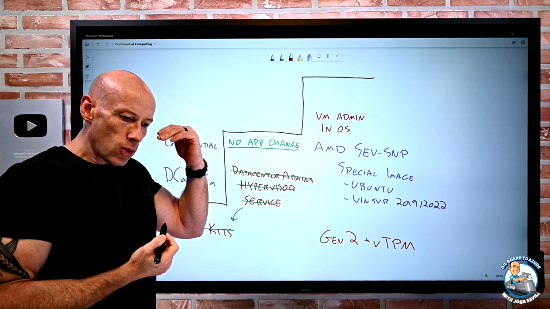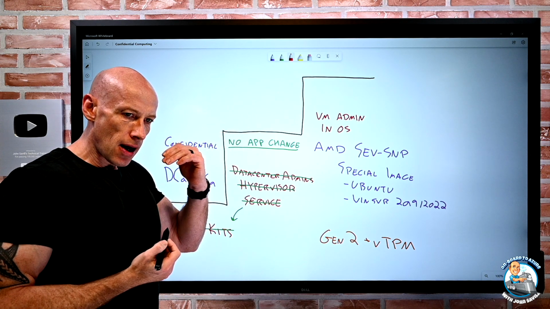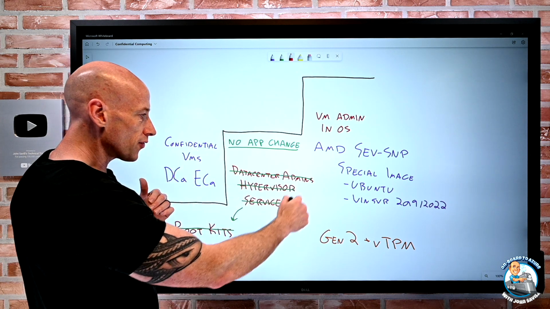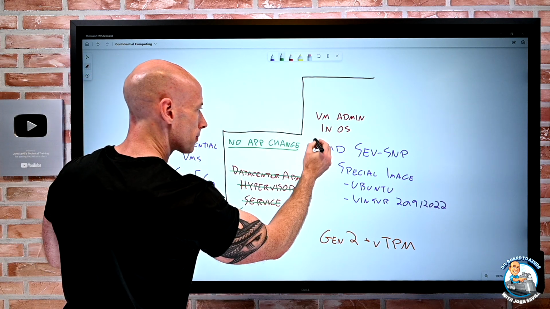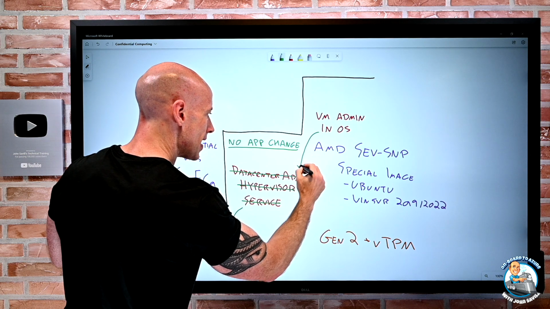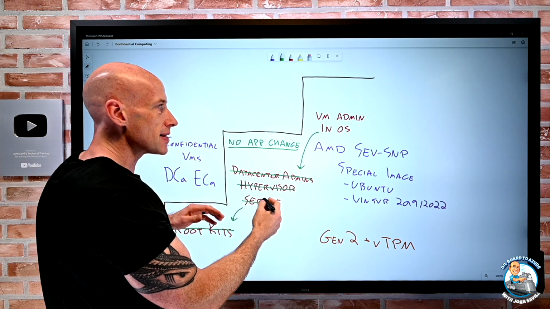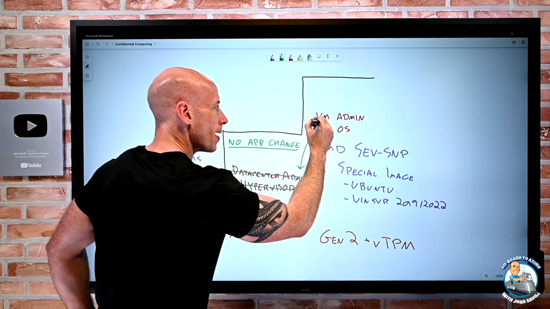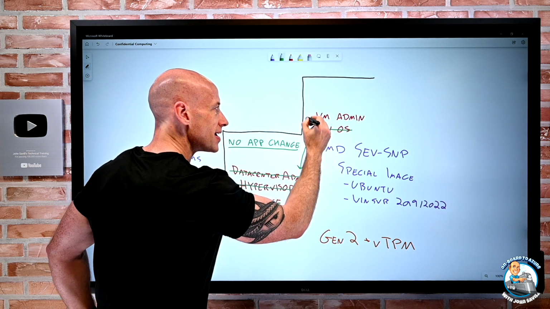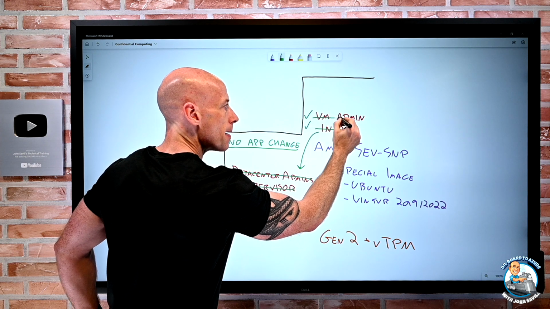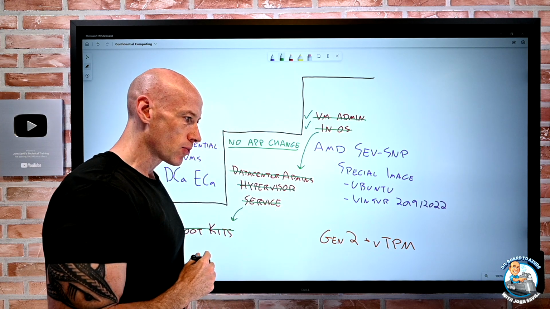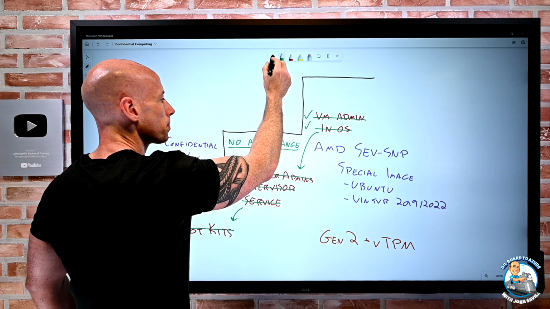So the final level up is thinking about, yes, I'm still going to get all of these protections that we talked about here: rootkits, service, hypervisor, data center admins, but now I'm also going to get protection from other things in the same OS, and even if I'm an administrator inside the OS, we're going to have protection from those as well.